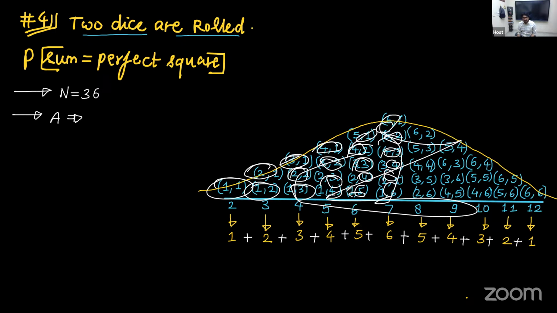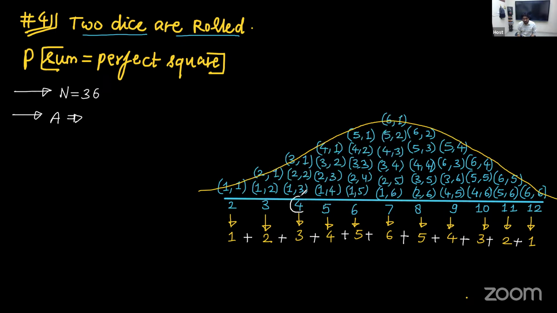So how many of them are favorable to you? Perfect square means the sum becomes 4, or the sum becomes 9. How many ways can the sum become 4? The sum becomes 4 in 3 possible ways. And how many ways can the sum become equal to 9?